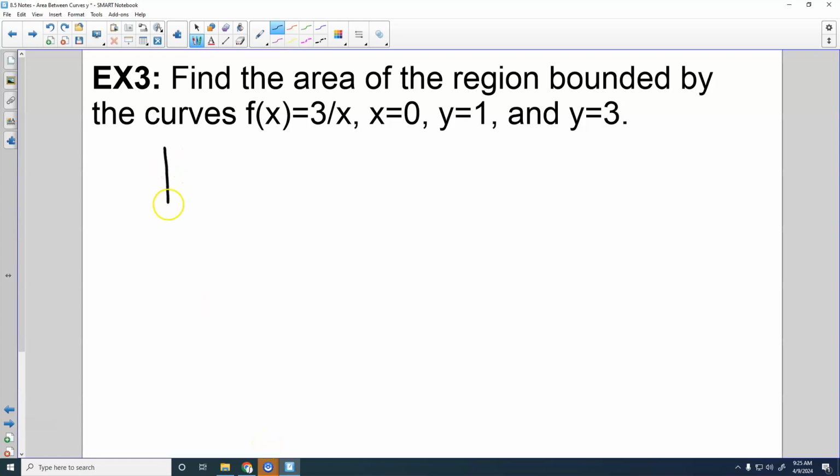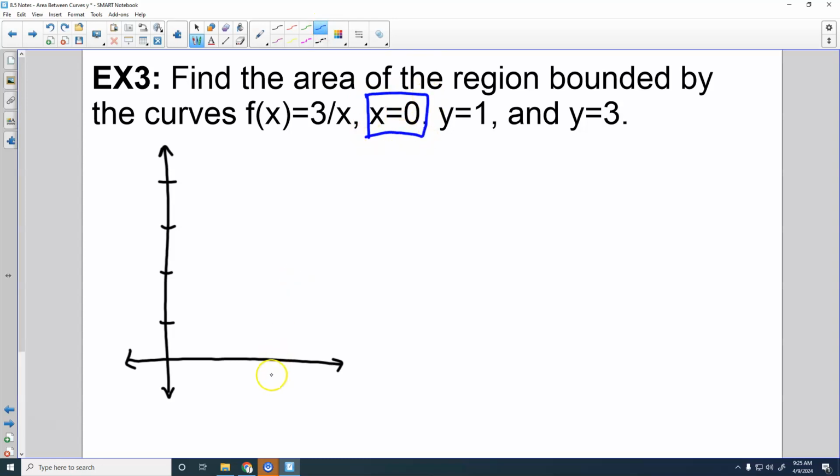So if we think about graphing this, I know my y needs to go at least up to 3 here. Let's graph all my straight lines first. I have x equals 0.